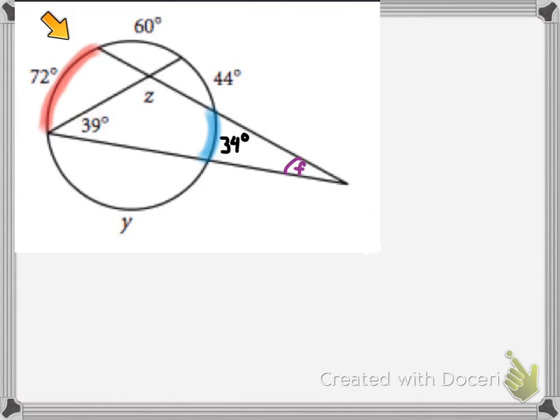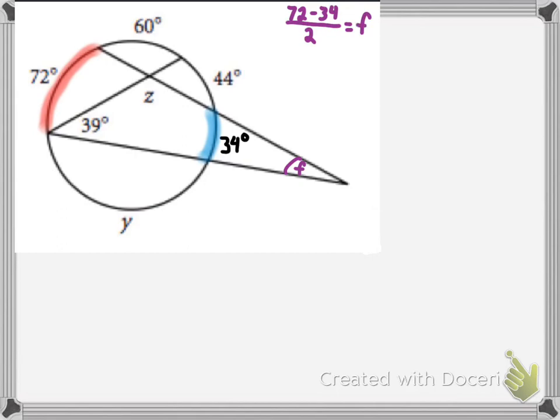So I'm going to look at this red arc and the blue arc. A floating angle outside the circle is simply half the difference of the intercepted arcs. So I know the red arc is being intercepted and the blue arc. I'm going to subtract the small one from the big one and then divide it by 2.